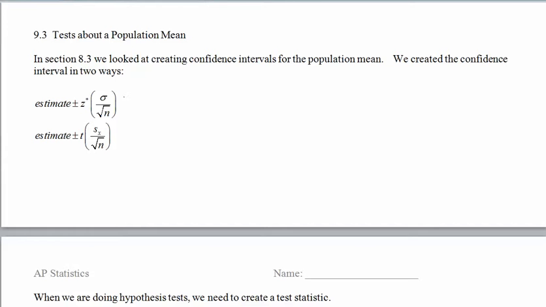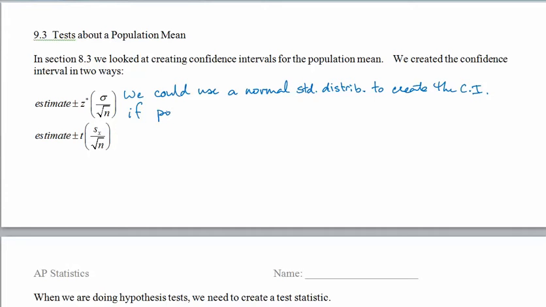And so here we could use a normal distribution to create the confidence interval if the population standard deviation was known.